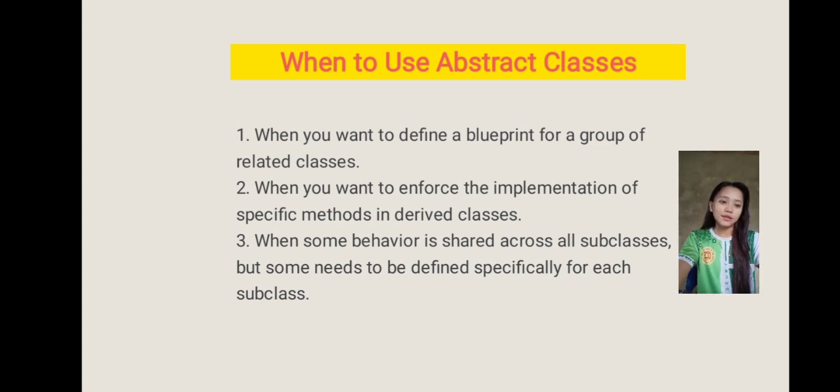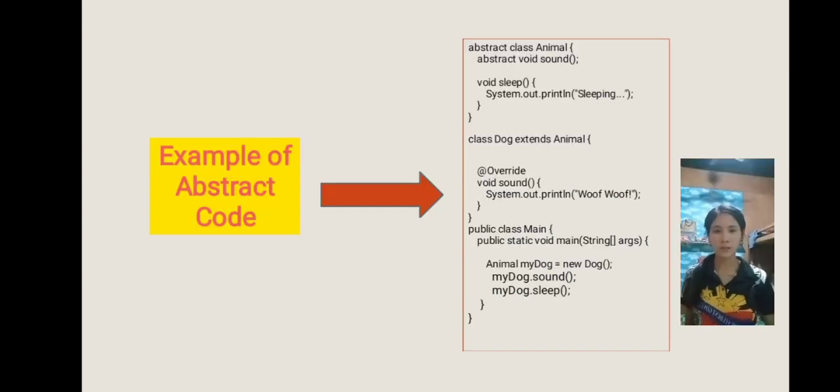And the last is when some behavior is shared across all subclasses, but some needs to be defined specifically for each subclass. So, abstraction in object-oriented programming hides certain details and only shows the important information.